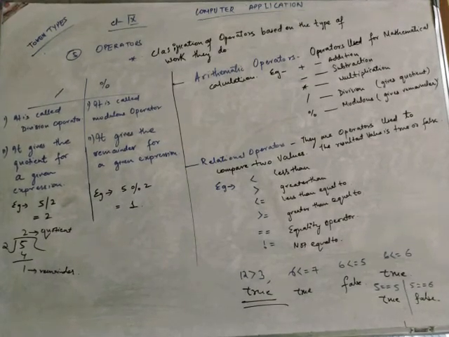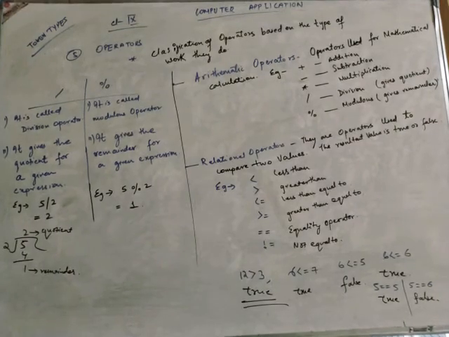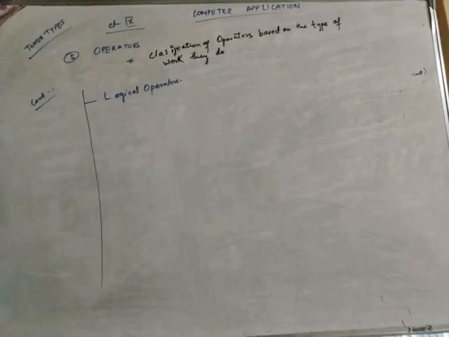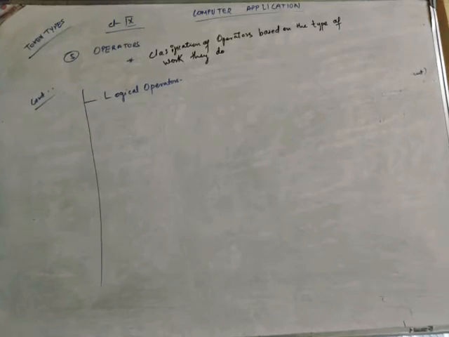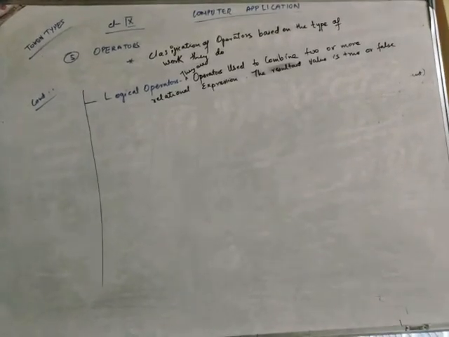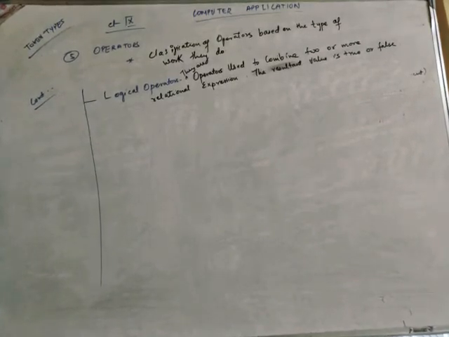For the more we have, the third one is called the logical operator. So continuing with the topic, okay, the third one is your logical operator. What is logical operator? Operators which are used to combine two or more relational expressions. So the definition of logical operators is: operators used to combine two or more relational expressions and the resultant value is true or false.